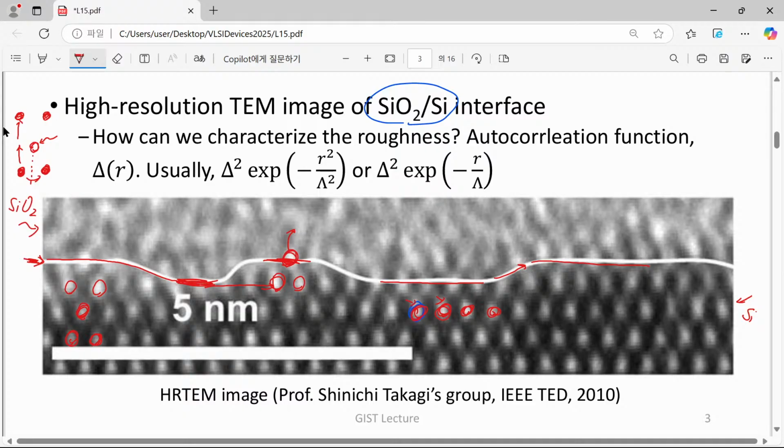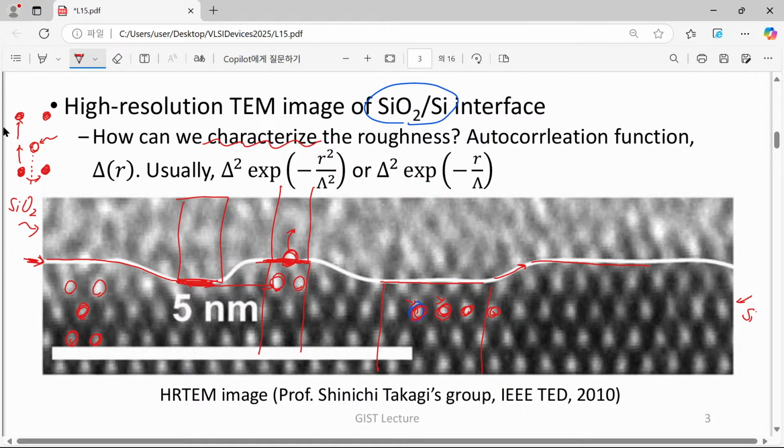So up to here, okay, I will stop here, and after that, yes, this is silicon dioxide. And in this part, we say that up to here I will just stack silicon atoms, and above it, here we have silicon dioxide. And once again, here we have a certain border. So how can we characterize this roughness?